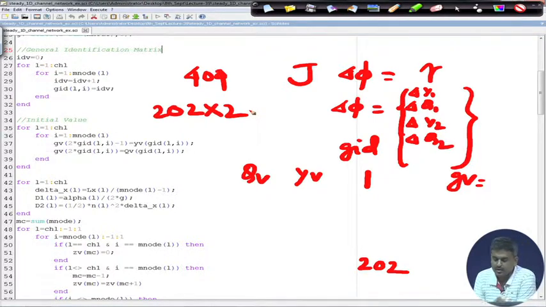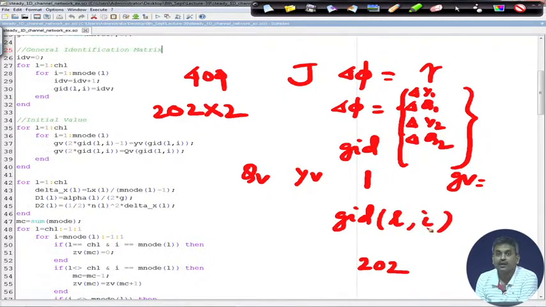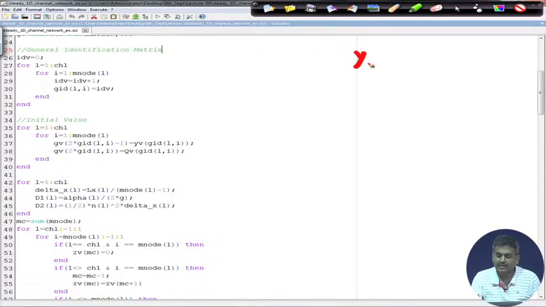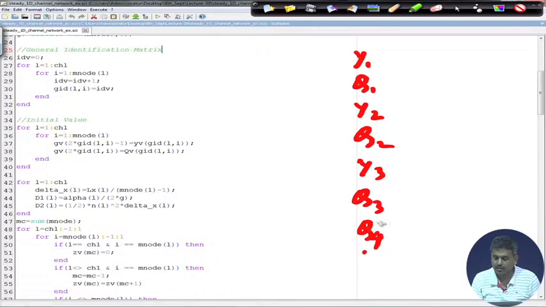So, if I take any general GID for Lth segment and Ith section, and if I multiply it with 2, I should get the index corresponding to q, because I am arranging the variables like this: y1, q1, y2, q2, y3, q3, y4, q4.